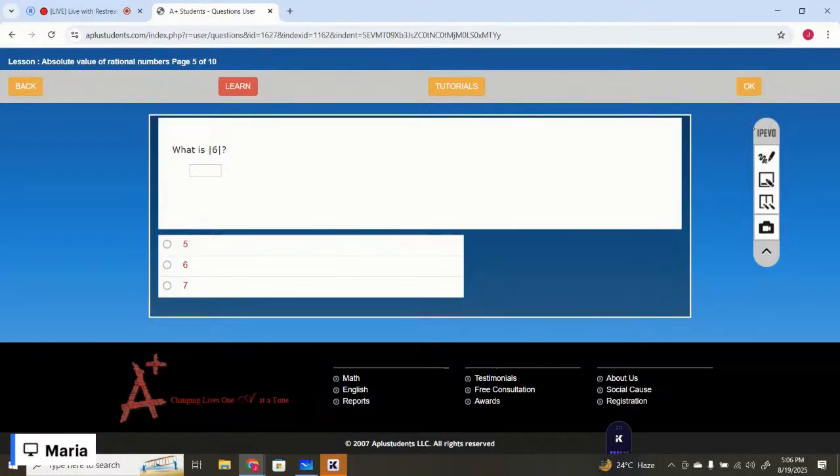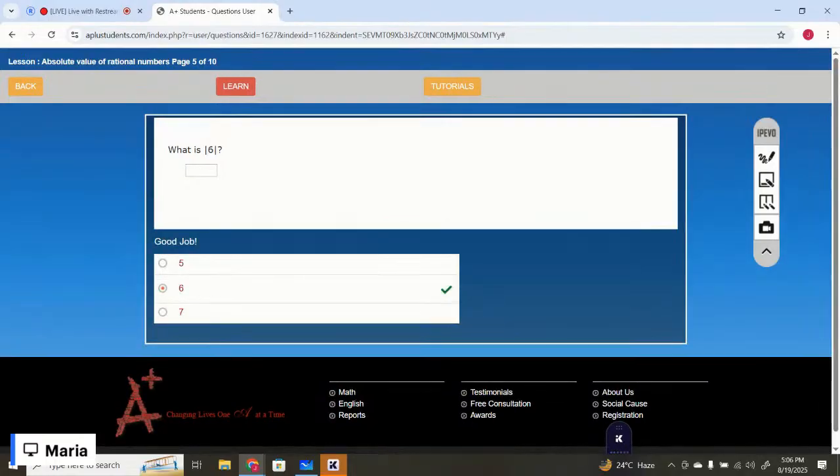What is the absolute value of 6? The absolute value of 6 is 6. Option number 2 is the correct option.